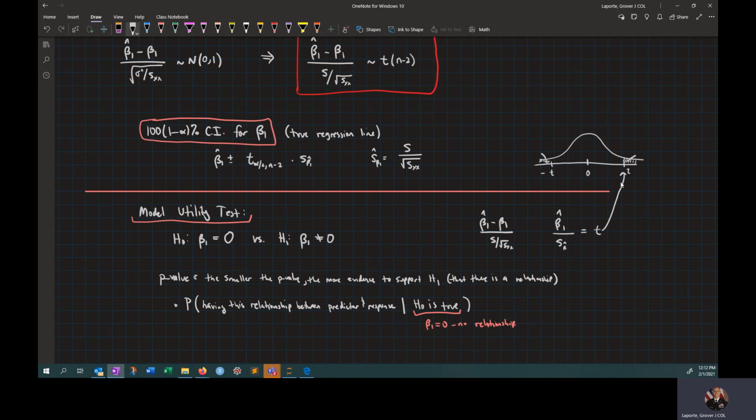Again, we'll find these in Python here in class. We'll find some p-values given whatever our test statistics are for this model utility test.